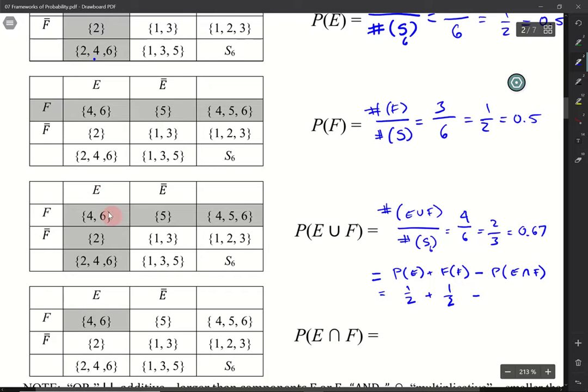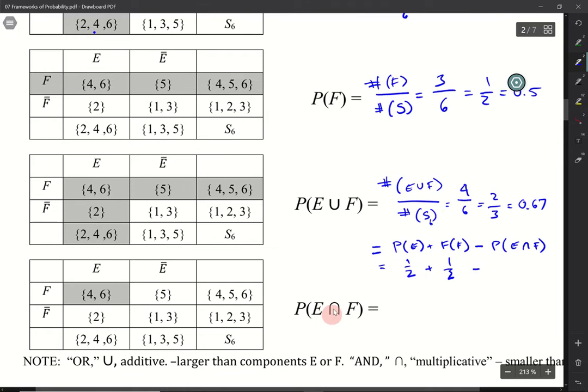And the intersection is actually 2 over 6, say. So maybe it's better to plug in the number: the intersection has clearly the number in E intersect F over the number in the sample space, which is 6, so that's equal to 1/3.